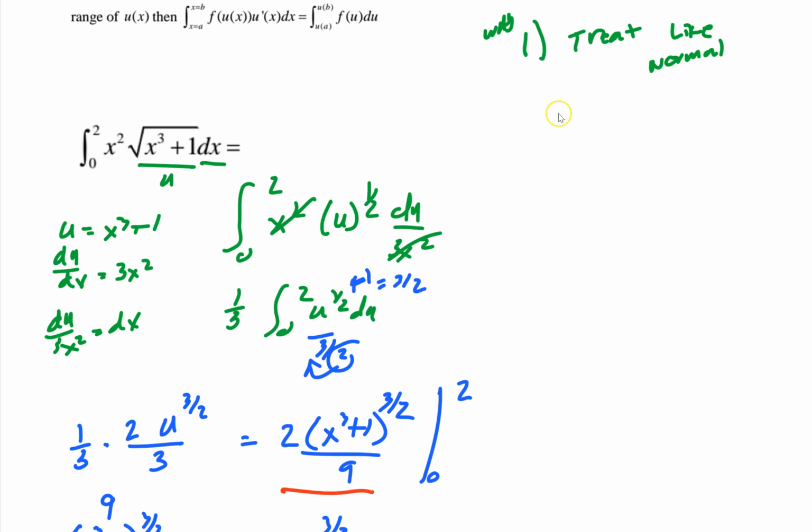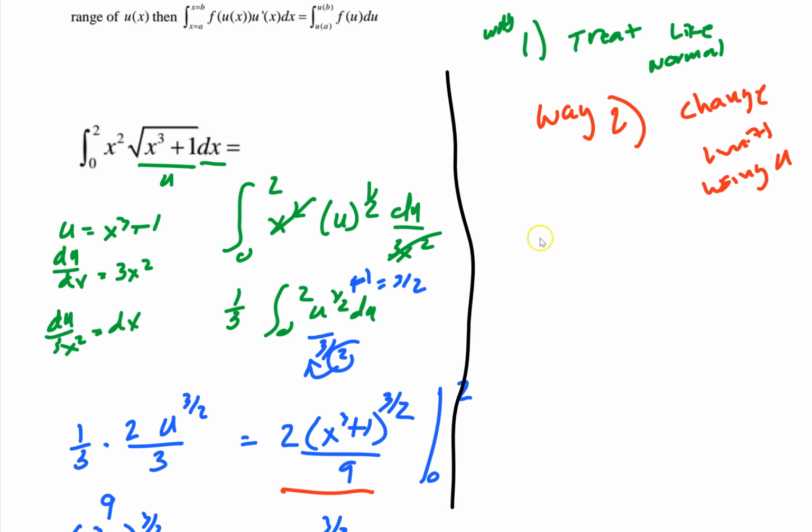Way 2 is you change your limits using the u. So this is what we mean. Way 2 is right here. We still have u equals x cubed plus 1.